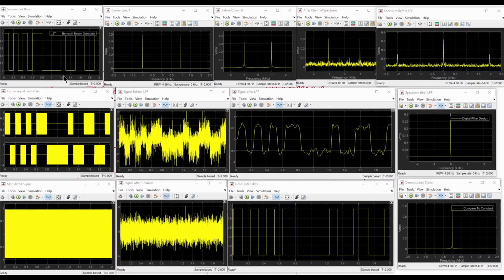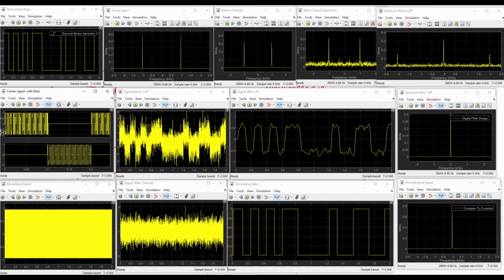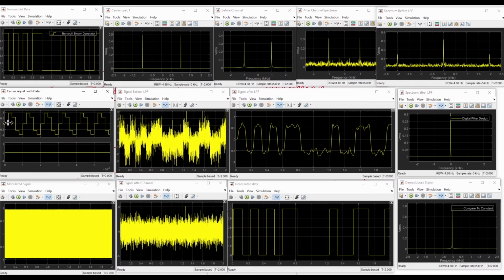Okay, if you see the carrier, this is actually the product of that total carrier, and this is the carrier spectrum. You can see it is 1 kilohertz, and if you zoom in, in the beginning you see that it started with the positive end because the first bit is positive.